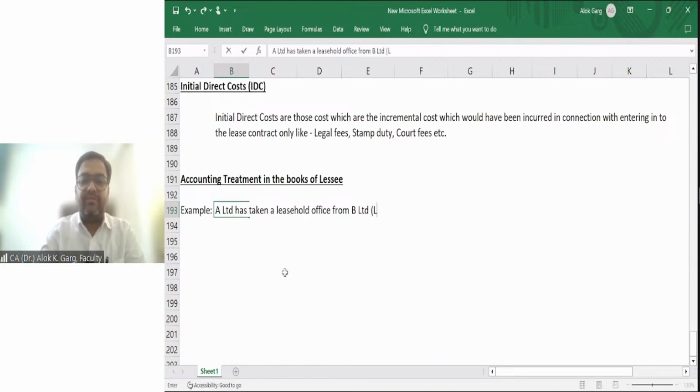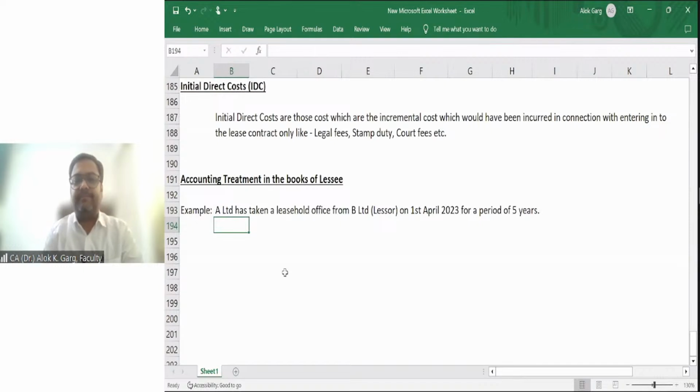So B Limited is the lessor, A Limited is the lessee, on 1st April 2023 for a period of 5 years.